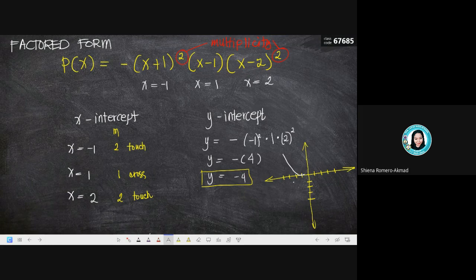Oo nga, no. So, dapat positive siya, kasi hindi siya pwede sa negative 4. Ako ko-correct ko na lang to if ever there are wrong example here. Pero dapat sa positive 4 siya tataas. Hindi pwede sa negative 4. So, dito siya, dapat mag-positive 4 siya.